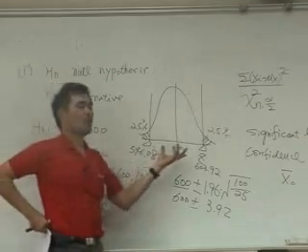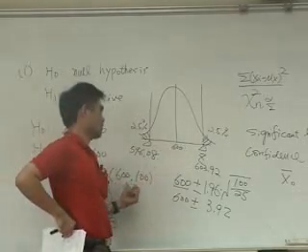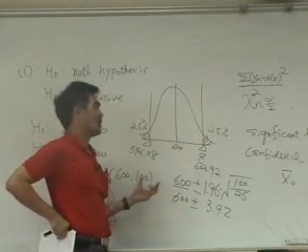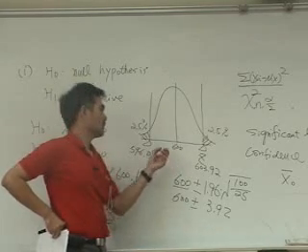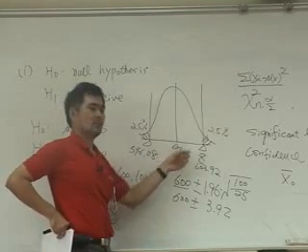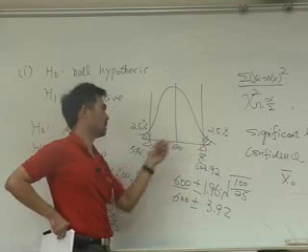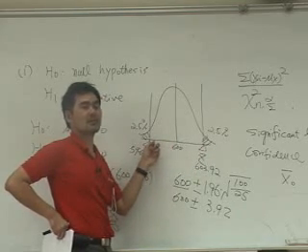Okay. So of course, this is what's going on in terms of the population. But when you take out some sample, right? Is it really in between this value and this value? That is not necessarily the case.